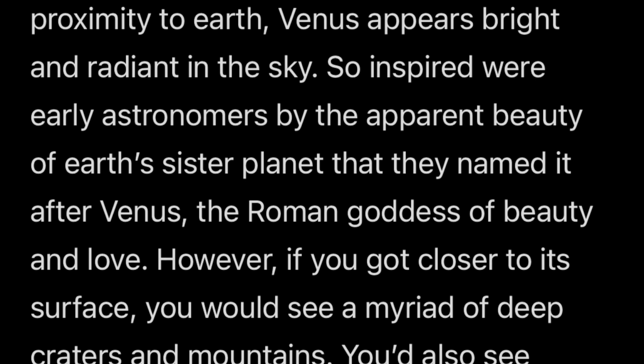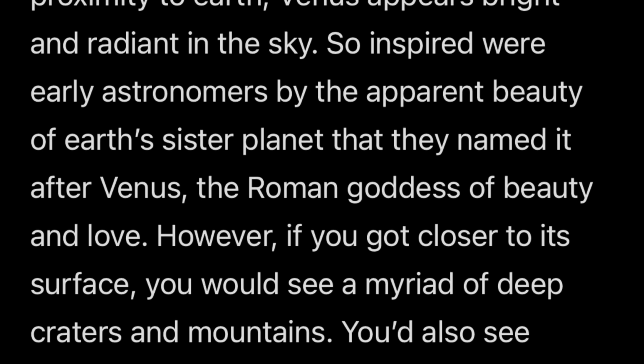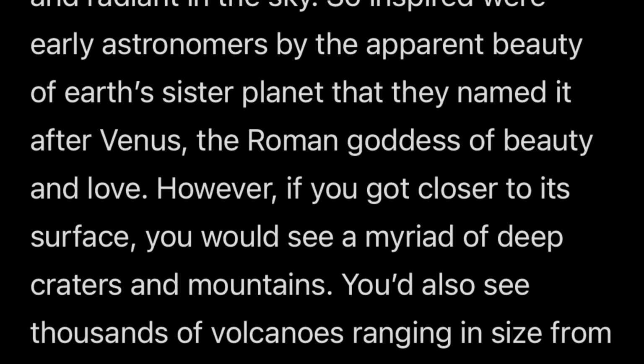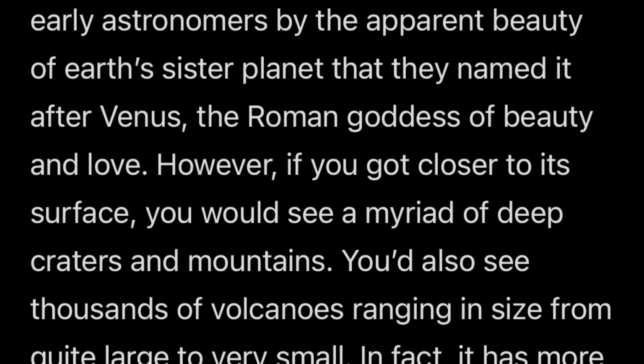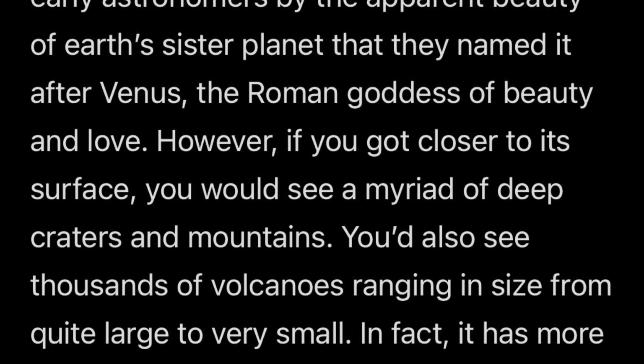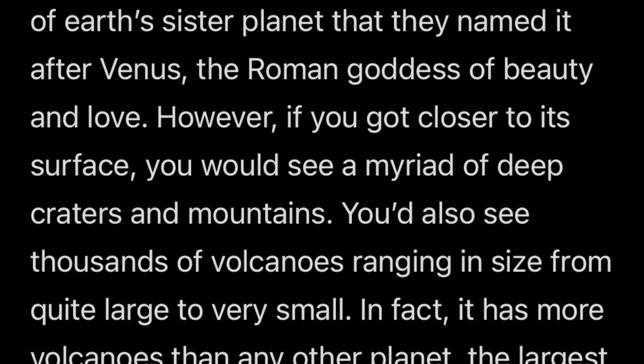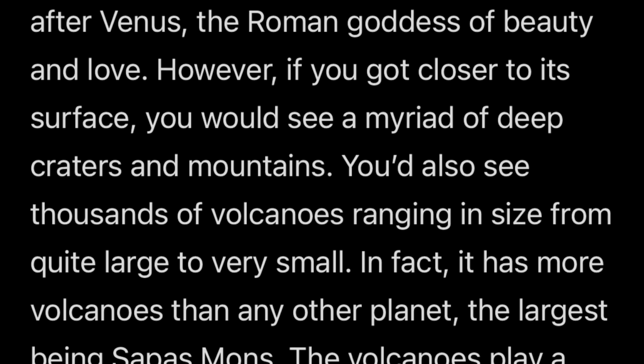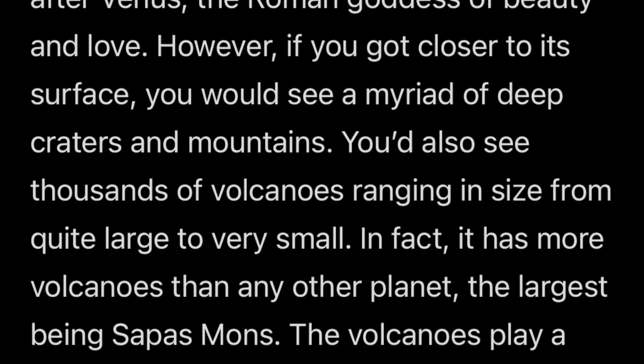However, if you got closer to its surface, you would see a myriad of deep craters and mountains. You'd also see thousands of volcanoes ranging in size from quite large to very small. In fact, it has more volcanoes than any other planet, the largest being Sapas Mons.